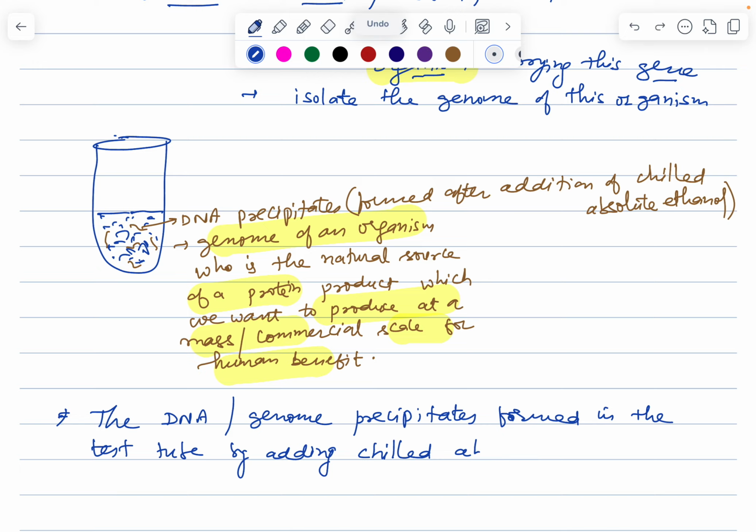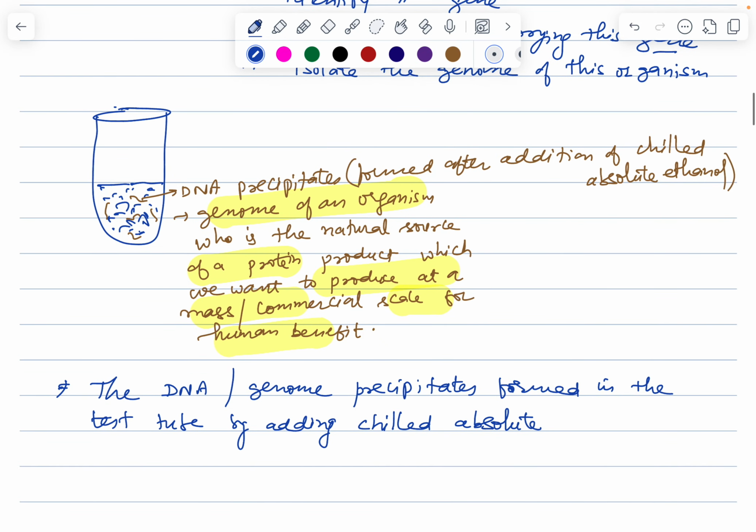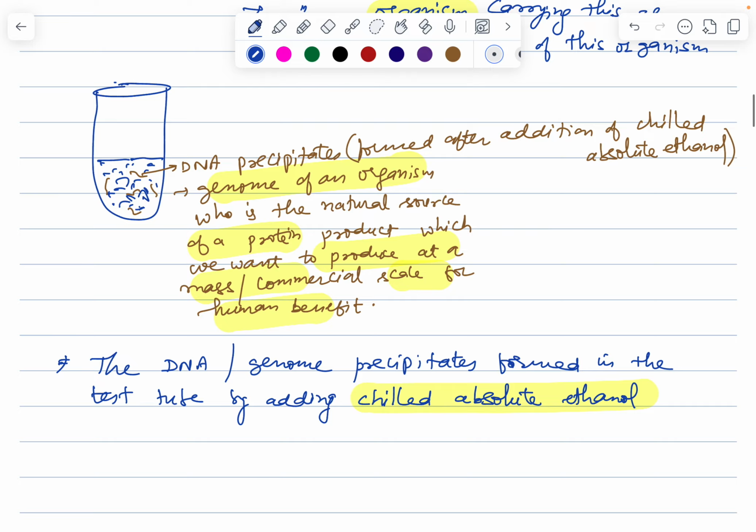So this is, as I told you, the most important question from the genome extraction process: addition of which reagent is responsible for formation of precipitates of the DNA? Chilled absolute ethanol. Okay, so the DNA or the genome precipitates formed in the test tube by adding chilled absolute ethanol first are extracted or separated from the rest of the solution.